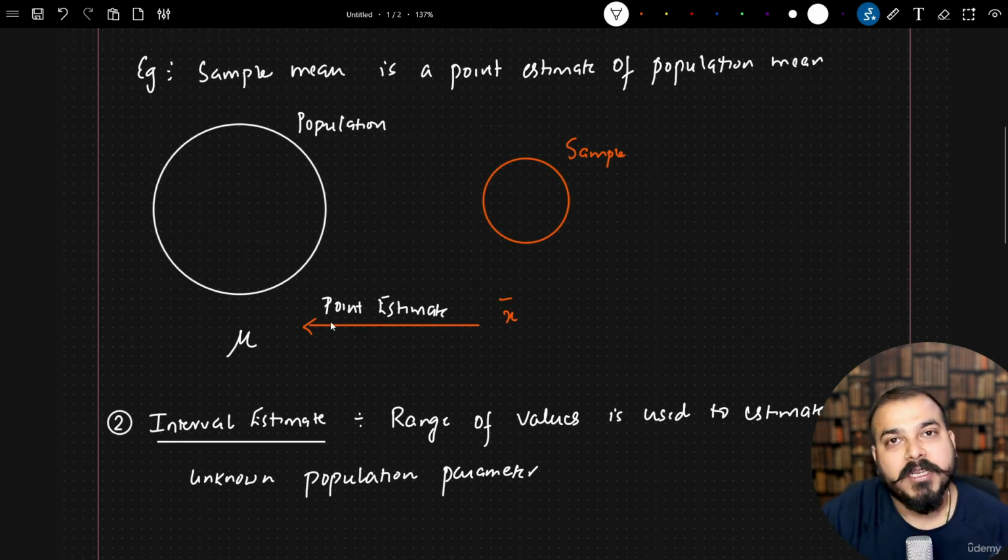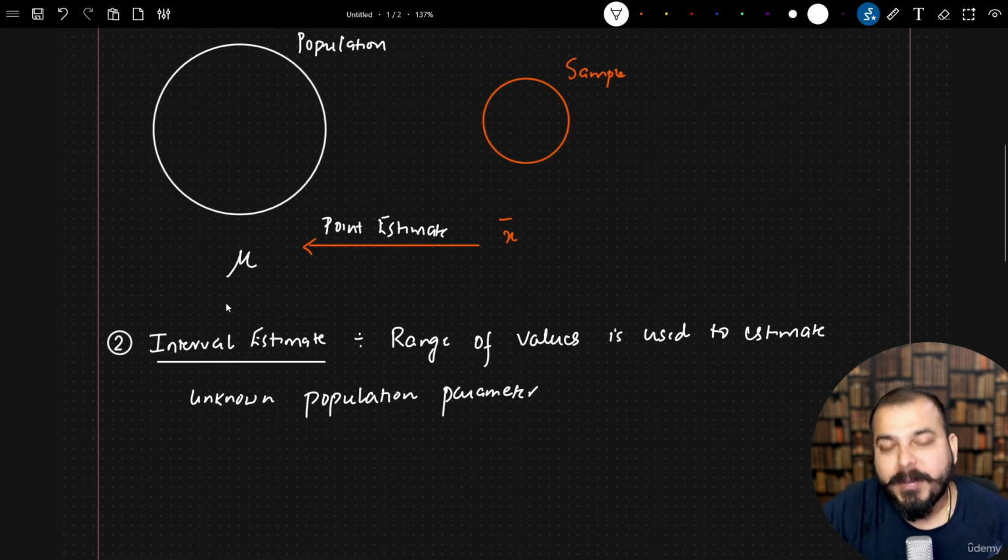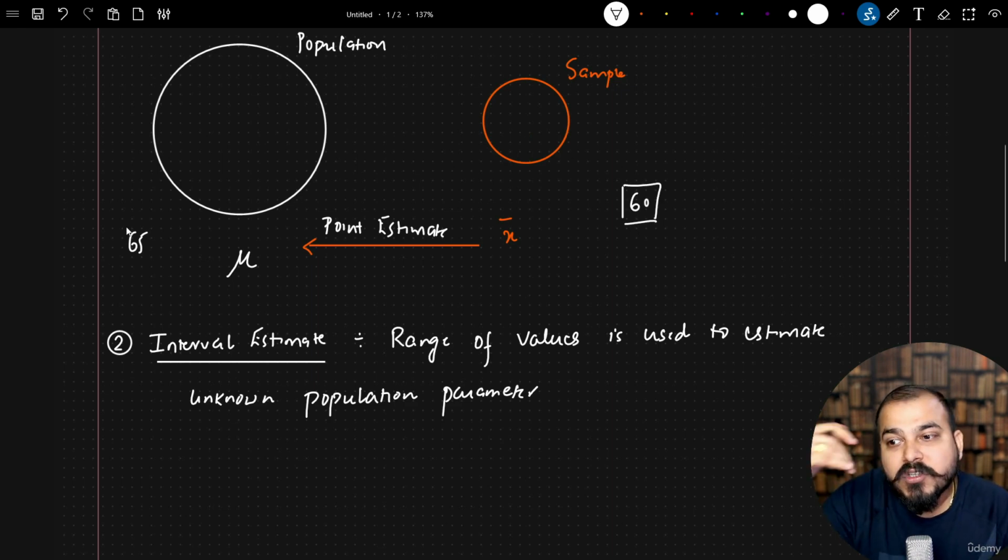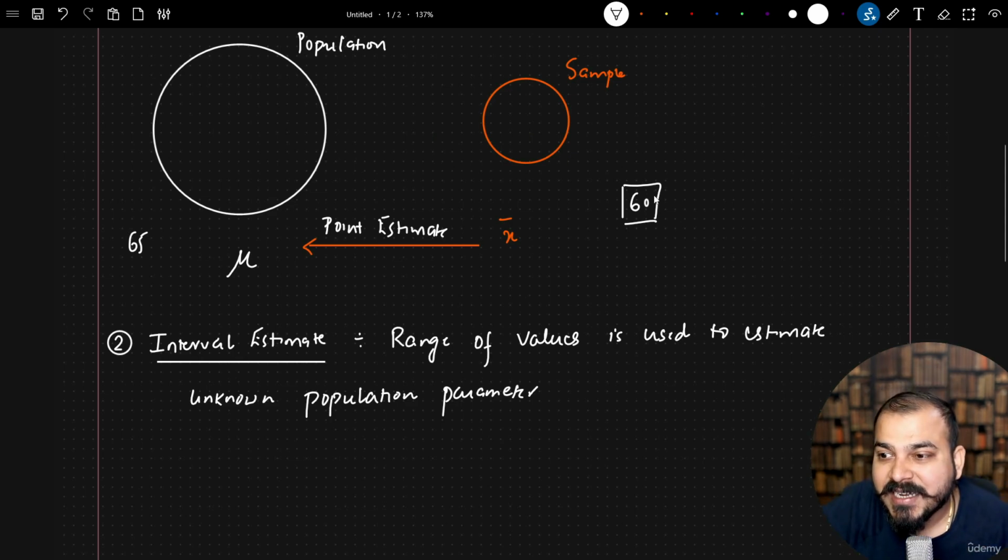If I have this population data, I get a population mean, and if I take a sample, I get a sample mean. But only this specific point will not be sufficient to represent the entire population mean, so it is better we give a range of values. Let's say the population age mean is somewhere around 65, and if I consider a sample and get 60, you can see there is a huge difference between 60 and 65. So 60 cannot represent the entire population mean. So we use the interval estimate to specify a range.